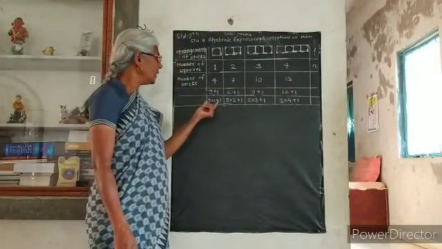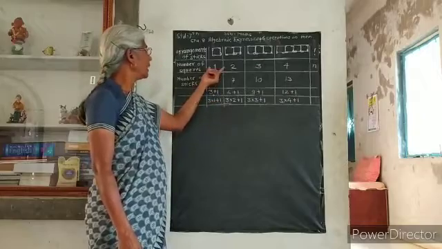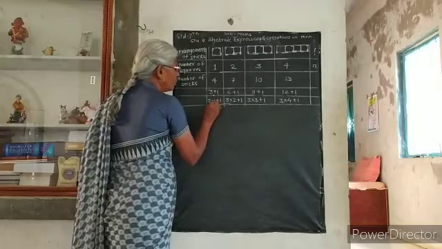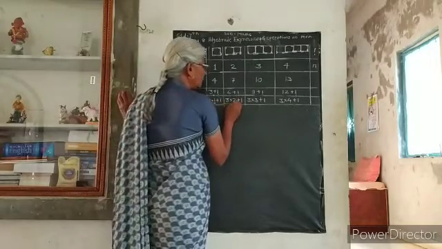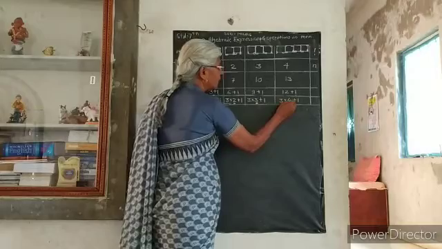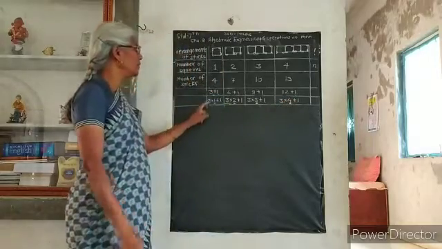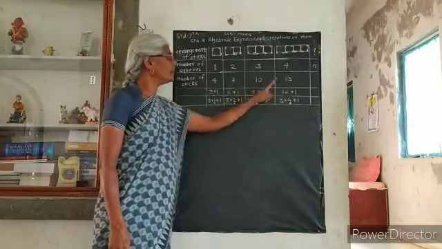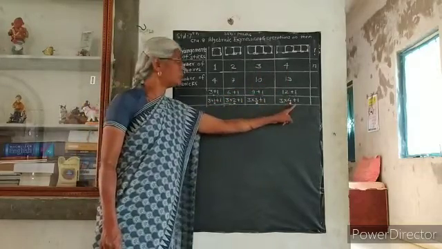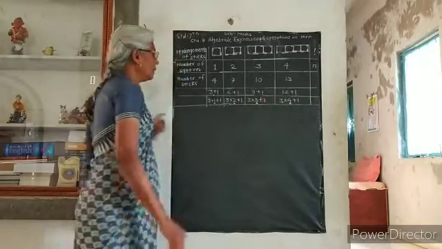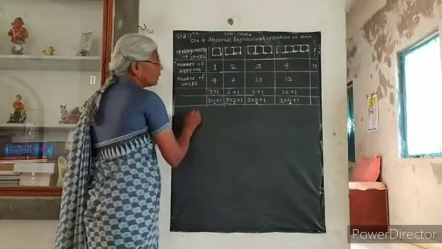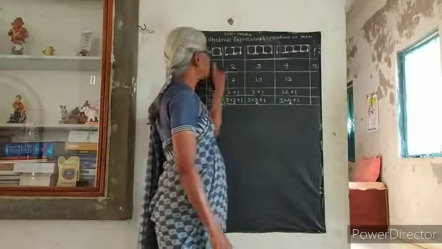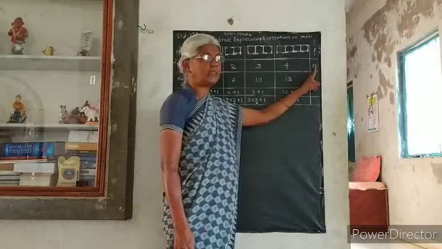Then what is the relation between that column and the number of squares? See here. Here 3 into 1, 3 into 2, 3 into 3, 3 into 4. Means 3 into number of squares. Observe again. 3 into number of squares plus 1. Then, if we don't know the number of squares, we write the number of squares as n.